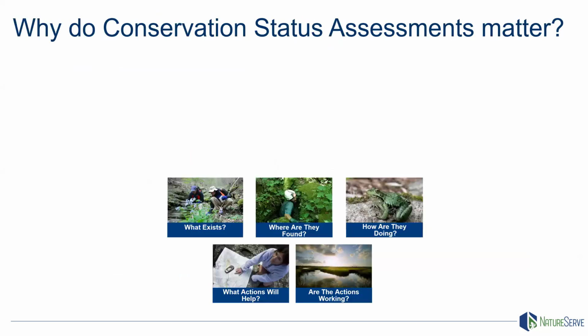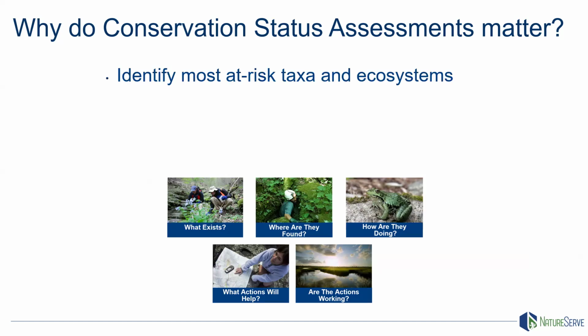Now that we have a basic understanding of the conservation status assessments and ranks, let's look at why they are important. The conservation status assessment and status ranks are tools to make better decisions, prioritize actions, and monitor trends. The ranks of plants, animals, and ecosystems provide a scientifically based approach to identifying the most at-risk taxa and ecosystems at multiple geographic scales, including the scales that legal listing is implemented.